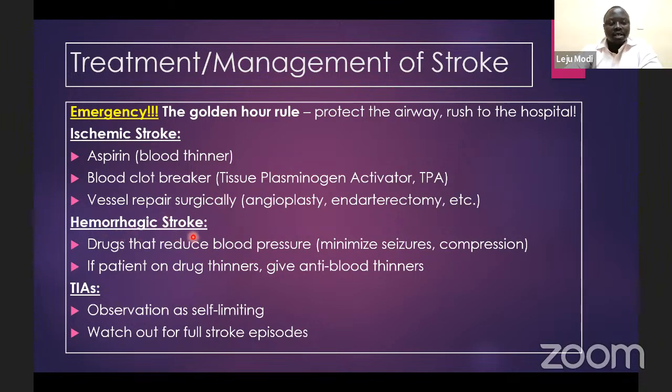And then, like I said, in hemorrhagic, drugs that reduce blood pressure. So the importance here is that the bleeding is reduced, the chances of developing seizures also is minimized, and the chance of further compression of other blood vessels, which will also cause more damage, is also minimized. That's in the hemorrhagic.